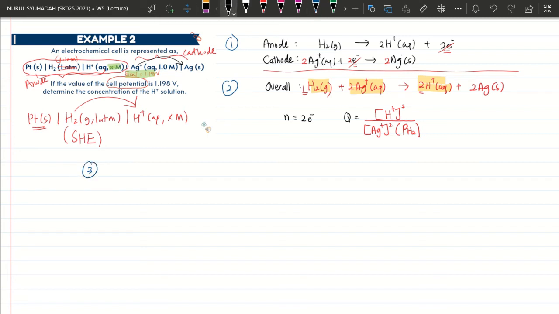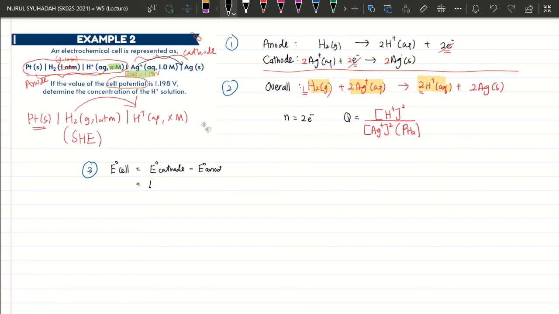Step number 3 is to find the E0 cell. For this question, the E0 cell is not given to you. So you need to find the E0 cell by finding the standard electrode potential for cathode and anode. So E0 cathode minus E0 anode.